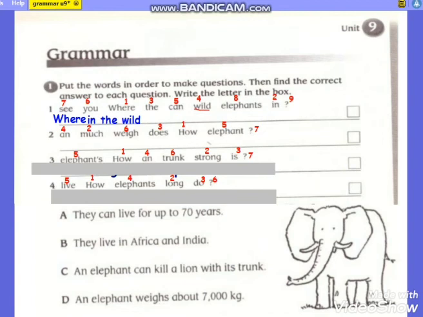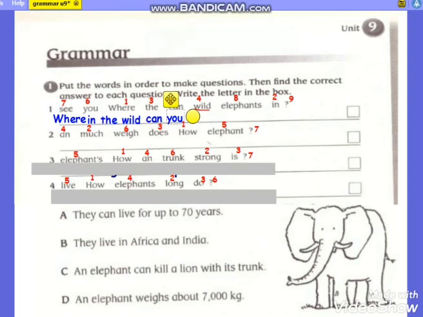So where in the wild can, and then you have to write the subject, and the subject here is you. After the subject, look for the verb see.